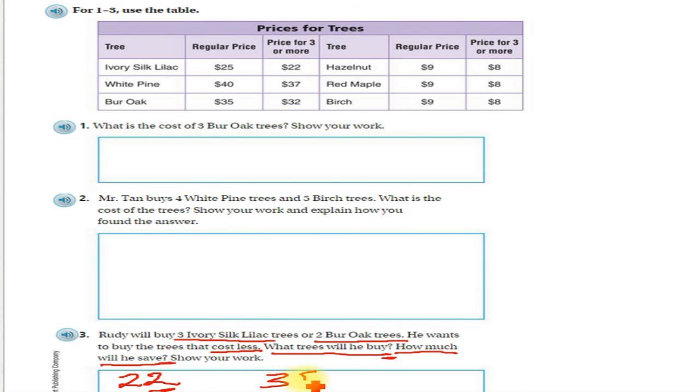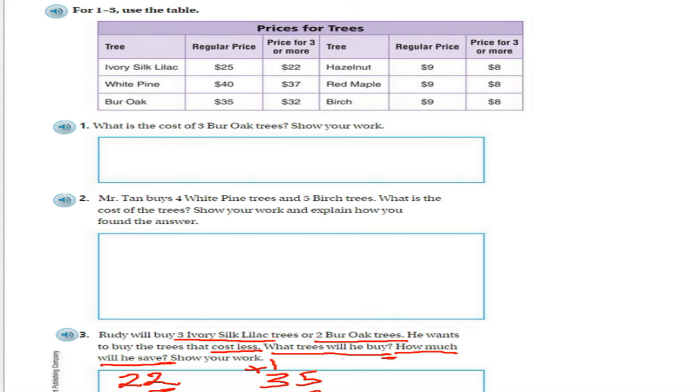So I'm only buying 2 at $35 a piece. So 35 times 2. 3 times 2, that's 6. 3 times another 2, that's 6. 2 times 5 is 10. 0 goes down, carry my 1 into the tens place. 2 times 3 is 6, plus the 1 I carried, that's going to be 7.